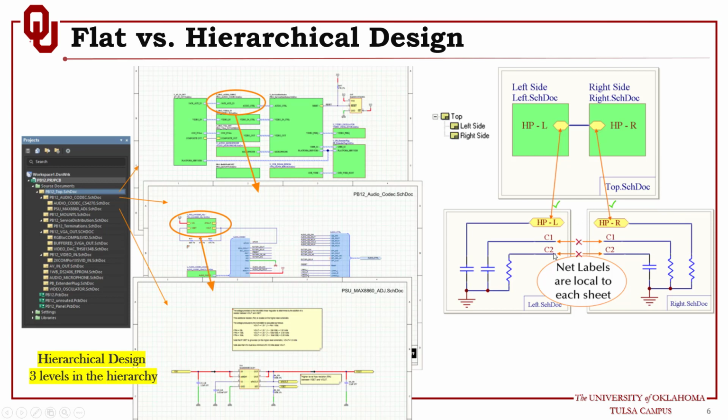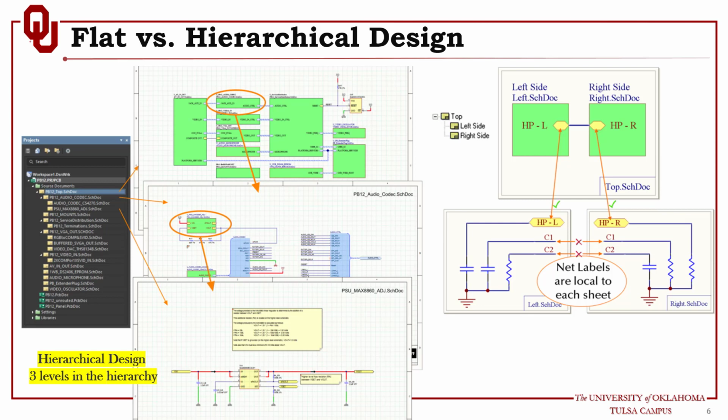So you need to be very careful if you name nets on one schematic sheet and assume that they will be connected with nets on the other schematic sheet using net labels. No, they will not be connected unless you change the net identifier scope to global, and we will talk about that in the next slide.